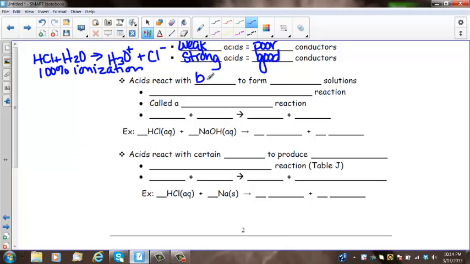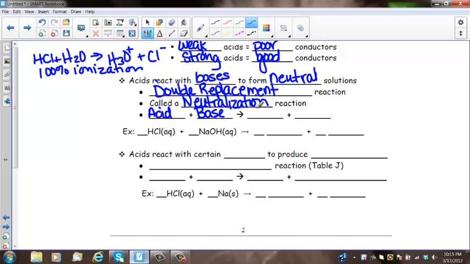Acids react with bases to form neutral solutions. It's a double replacement reaction, and it has a special name, and I did mention it when we did reactions. It's called a neutralization reaction. So in word form, it would be an acid plus a base yields a salt and water.